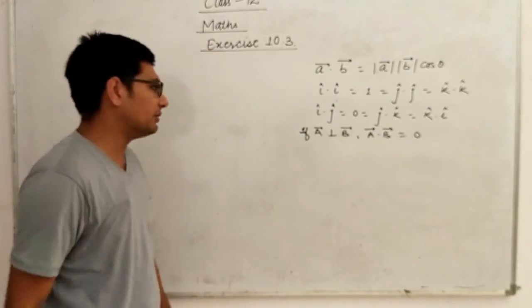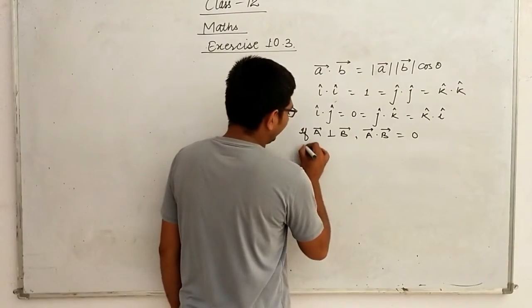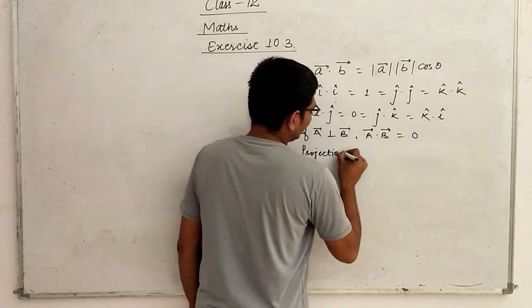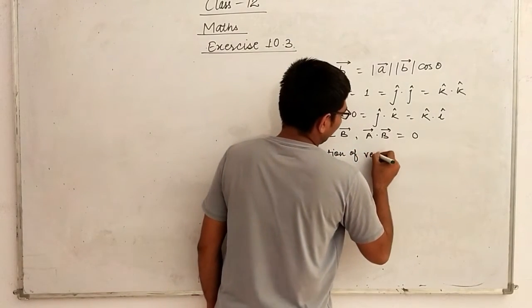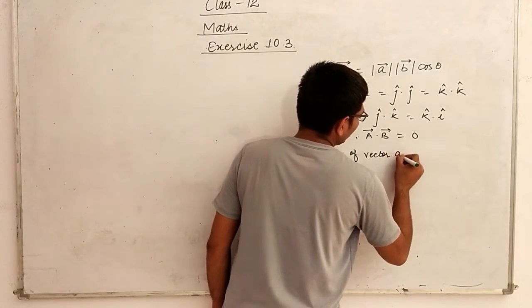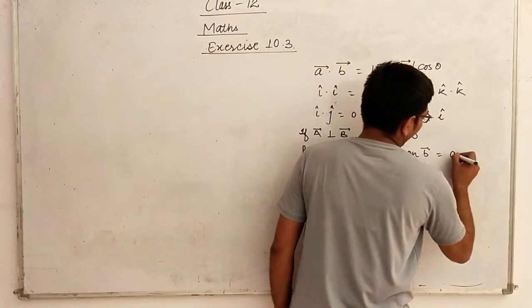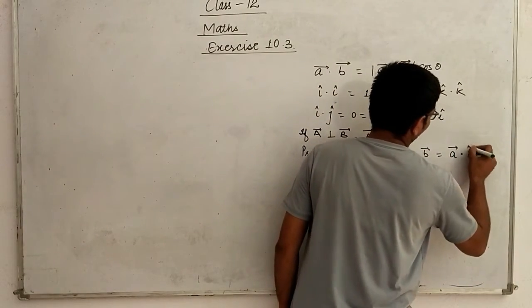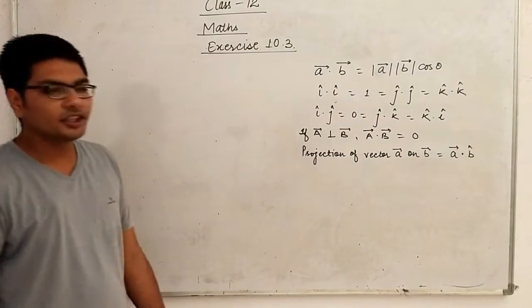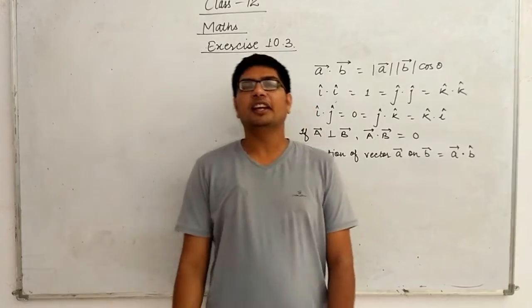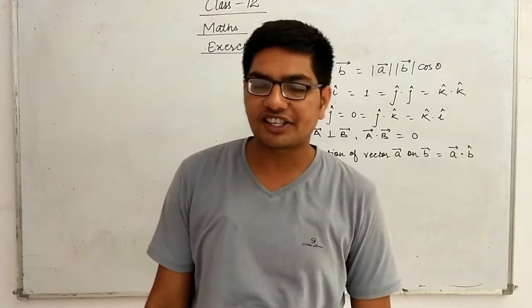Moreover, there was one more thing, projection of vector A on vector B, and we discussed this concept in the previous video. So I am just writing the formula, which is A vector dot B cap. These are the various formulas that we are going to need in the solution of exercise 10.3.